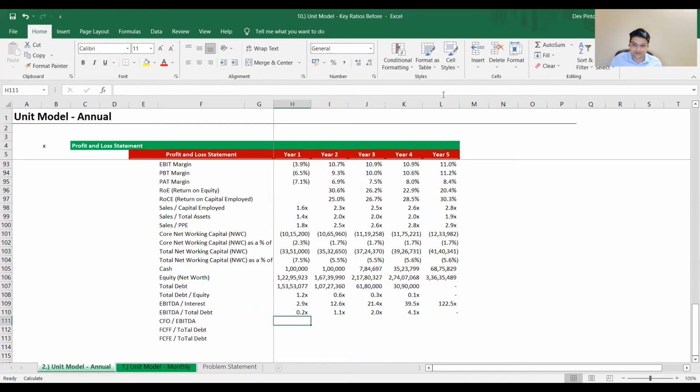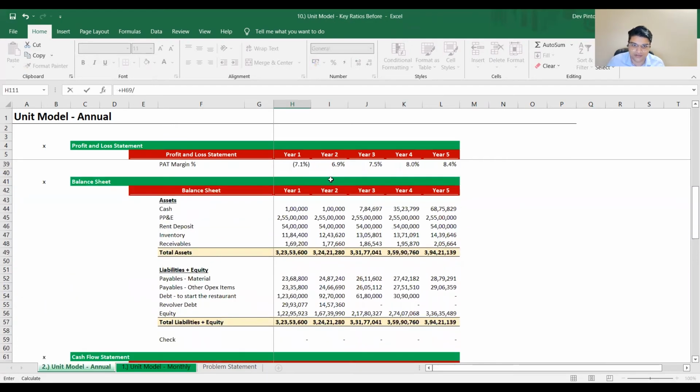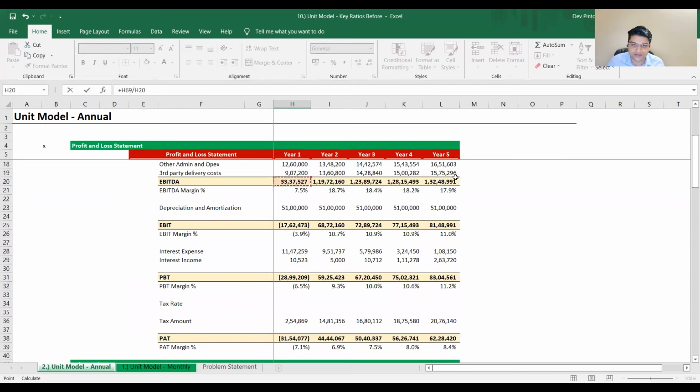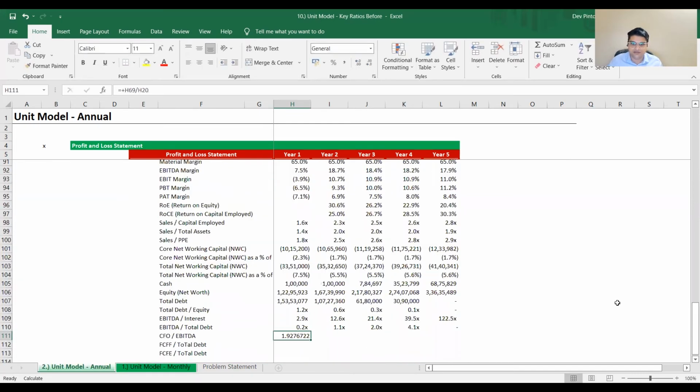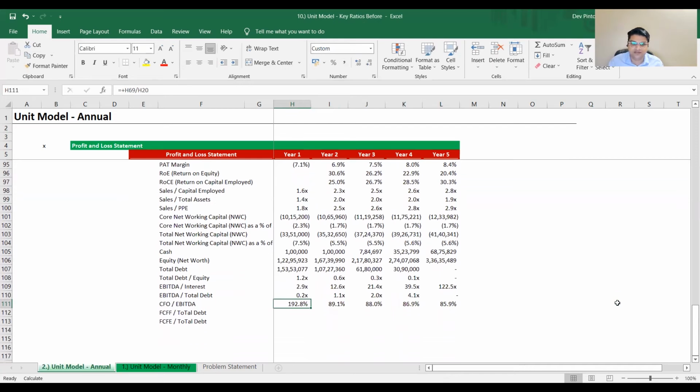Next is CFO to EBITDA. So let's see if EBITDA leads to any sort of cash flow conversion. This divided by EBITDA. Oh wow, seems pretty high in the first year, but then 35% is still pretty good, right? Next is FCFF by total debt. For the sake of simplicity, let's just assume FCFF is CFO plus CFI.